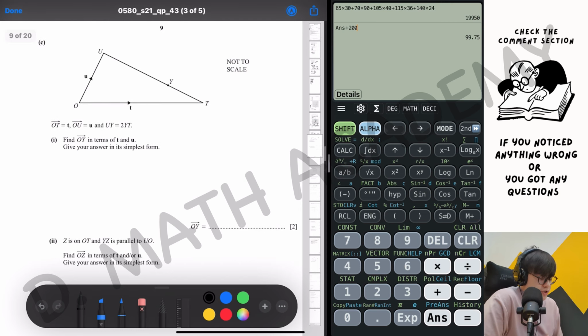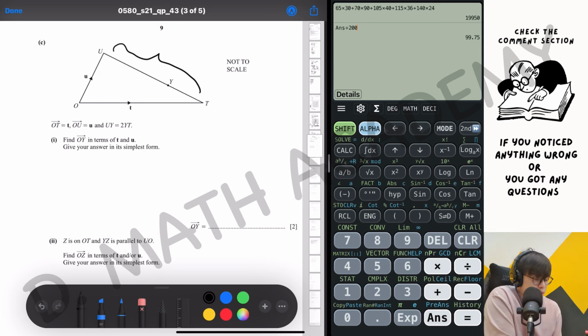Moving on, we have question C here that goes by OT equals t, OU equals u, UY equals 2YT. What it means is that in total, it was being cut into 3 parts.